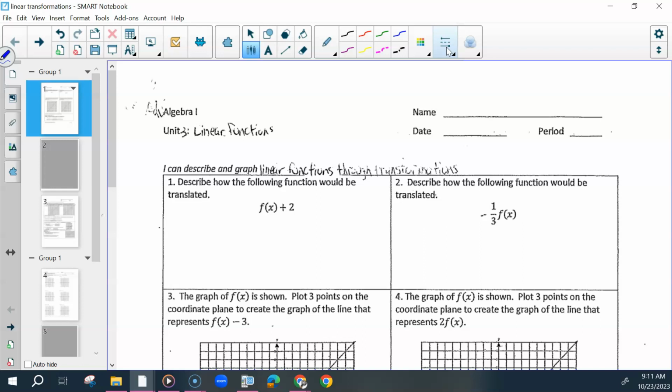So let's talk about the y-intercept first because it's only one. For the y-intercept, the only thing that changes of those three is if it shifts. And this would be an up or down movement.